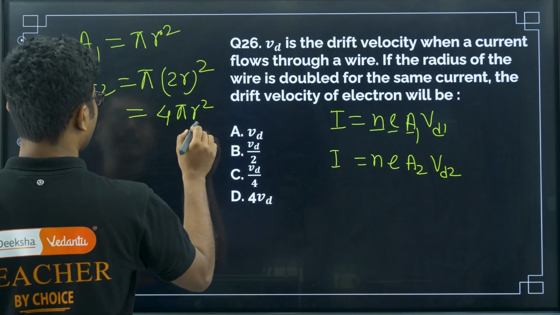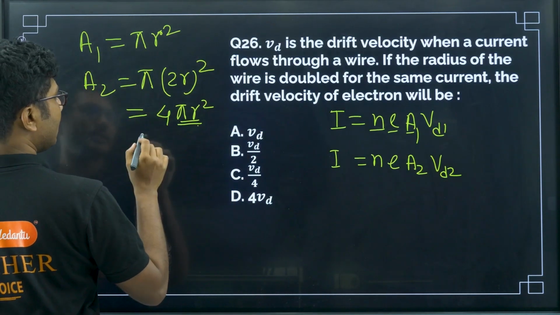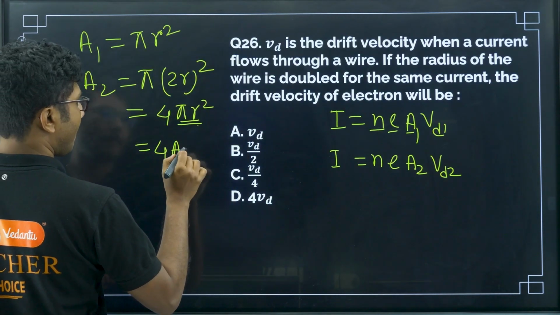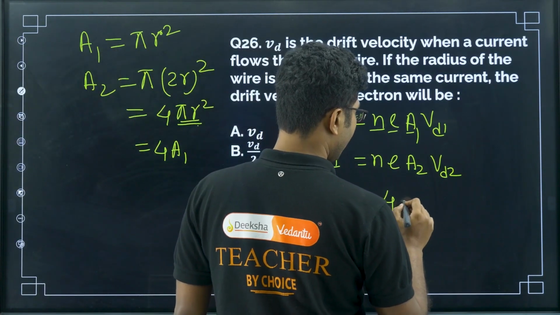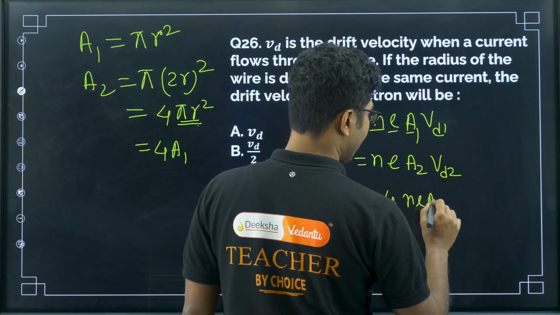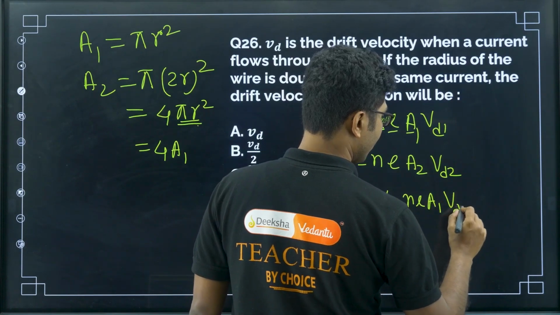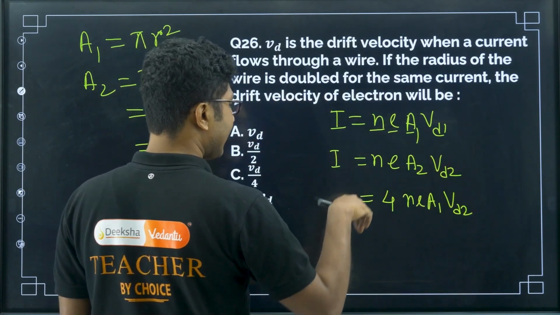Now if you see here, this is A1, so it will be 4A1. Let me write it here: 4NE A1 VD2. Now just divide them.